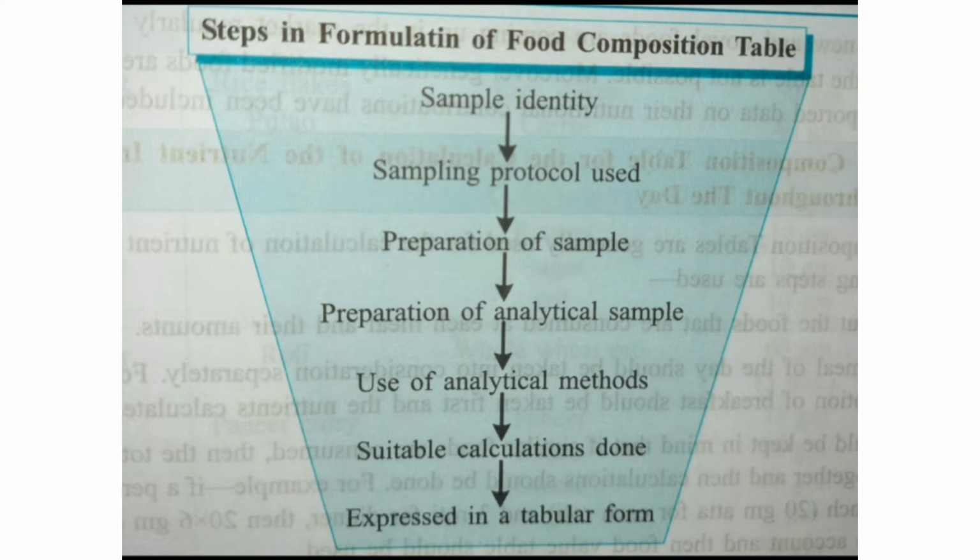Here you can see one diagram where, at the very first, the sample is identified, then a downward arrow to the sampling protocol used, then a downward arrow for the preparation of the sample, the next arrow towards the preparation of the analytical sample, the next to the use of analytical methods, then suitable calculations are done, and finally the last part is that the results are expressed in a tabular form.